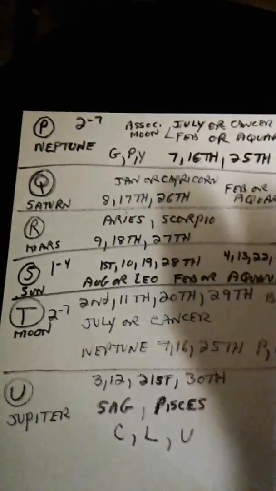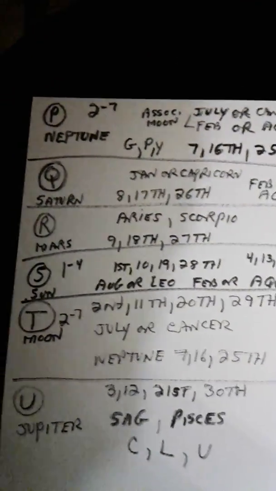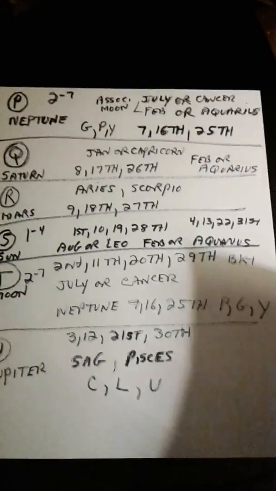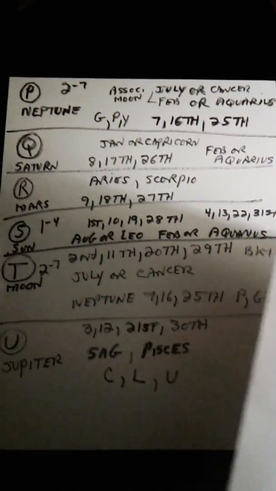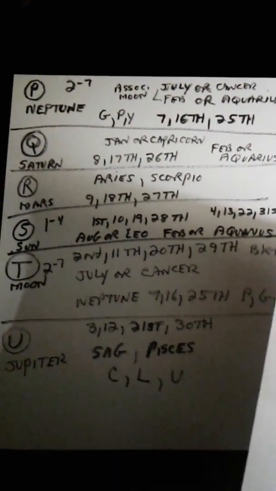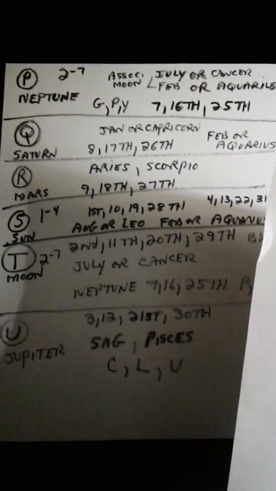This is my continuation on the planets and numbers and letters that are associated with the first letter of somebody's first name.